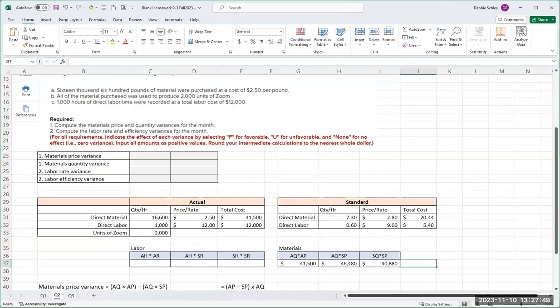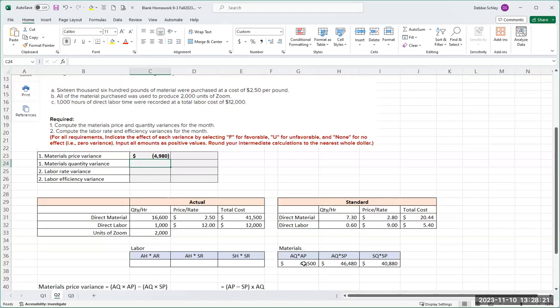Okay, so now I have my 3 numbers. My materials price variance is always the first one and the second one because they both have to do with price. Equals the first one minus the second one, AQ times AP minus AQ times SP. And if you'll remember, I could also do AQ times (AP minus SP), but I'm just going to do it straight out like this.